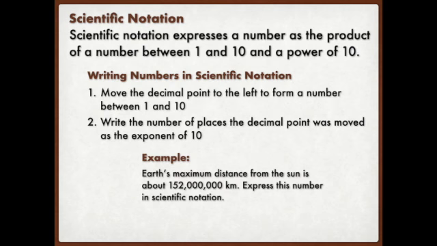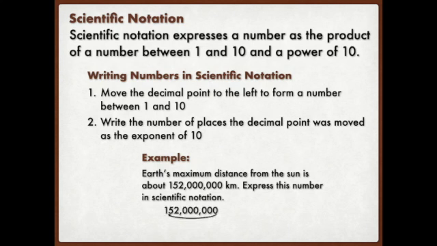Here's an example. If I have this large number, 152 million kilometers, let's write this in scientific notation. I'm going to shorten this, and I'm going to bring the decimal point between the first two numbers. When I do that, I need to count how many places I moved it. Well, I'm going to move it 1, 2, 3, 4, 5, 6, 7, 8 places to get to the 1.5.